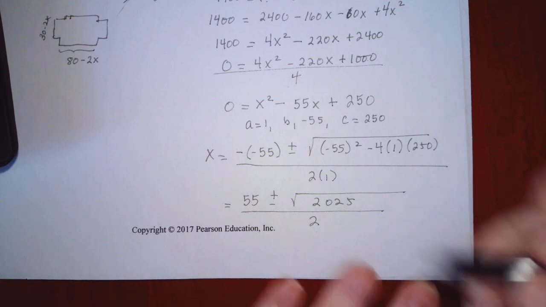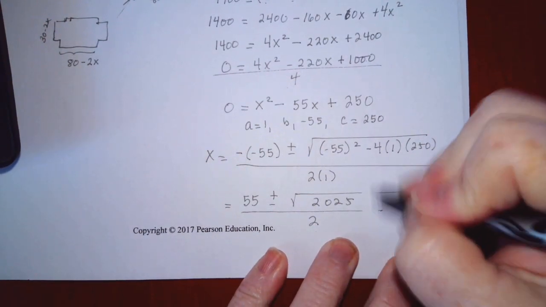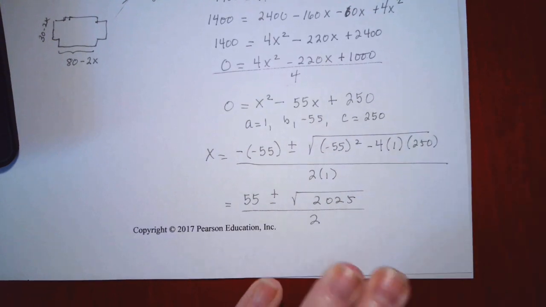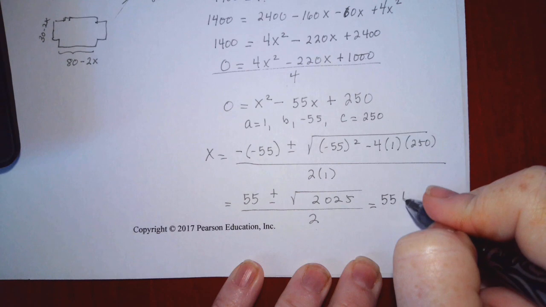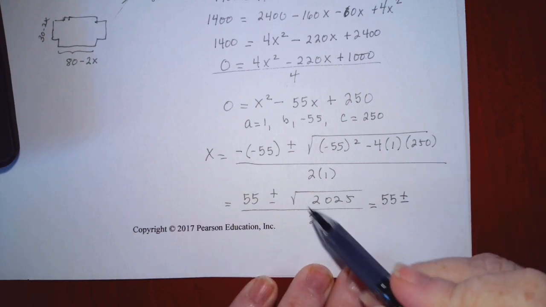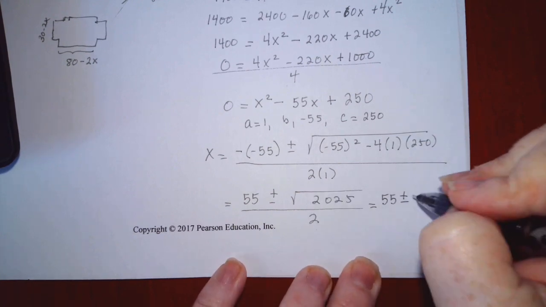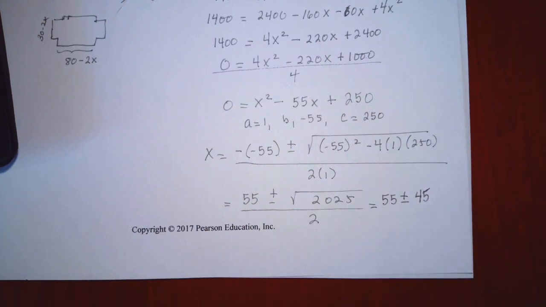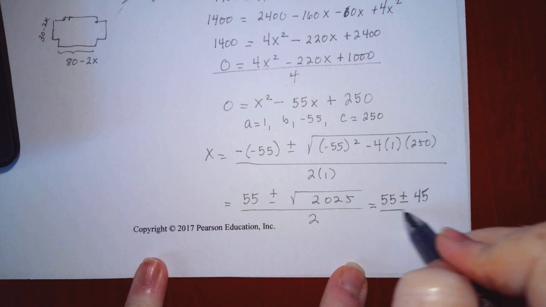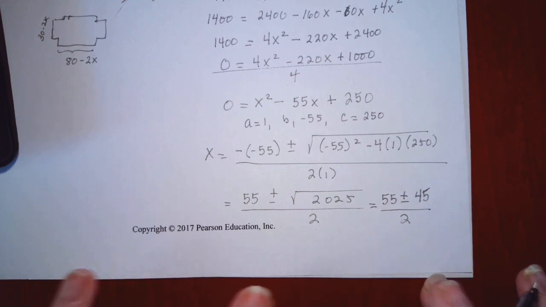The square root of 2025 is 45, and I just took that on my calculator, divided by 2.